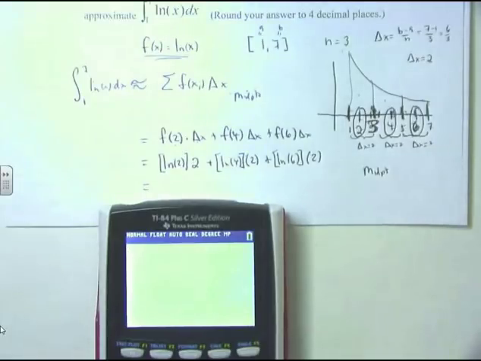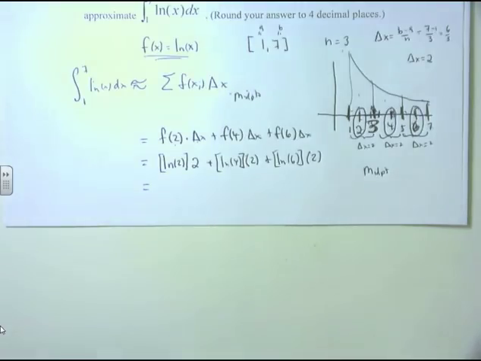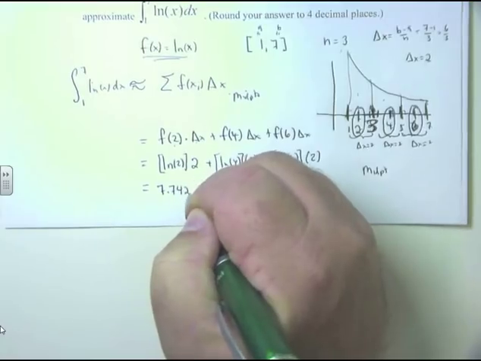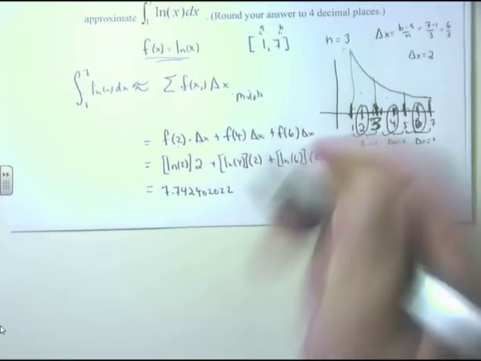So this would be the natural log of 2 times 2, plus the natural log of 4 times 2, plus the natural log of 6 times 2, and I end up getting the number 7.742402022.